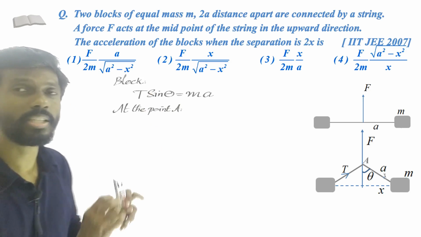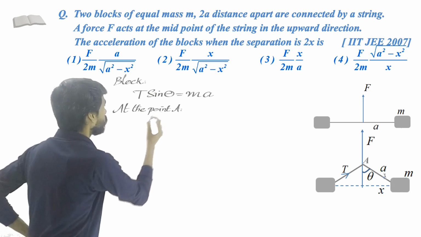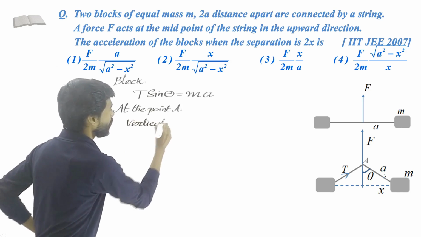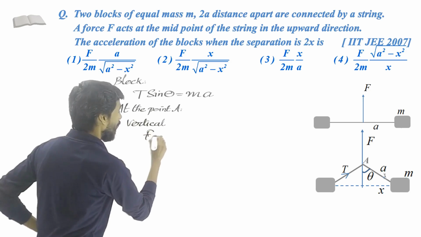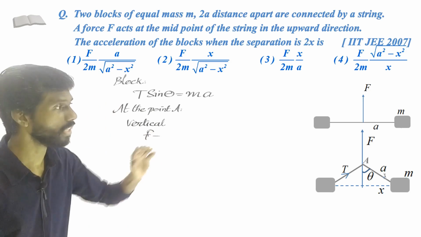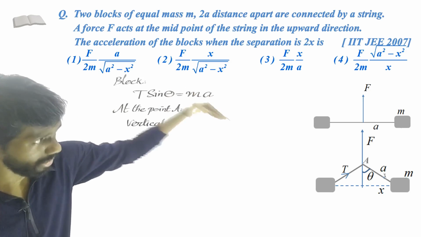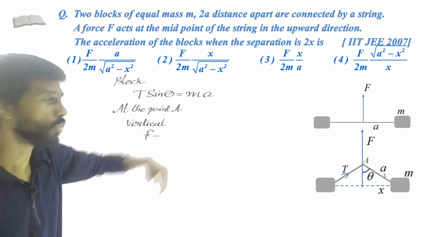In the vertically upward direction the force F acts, and in the vertically downward direction the tension acts, only the component of the tension. The angle is theta, the tension is in this direction, away from that point. The component is T cos theta.